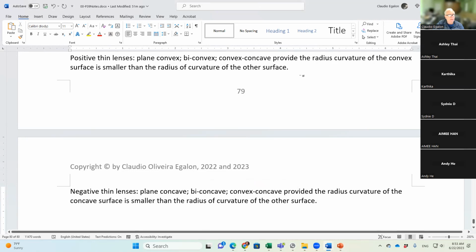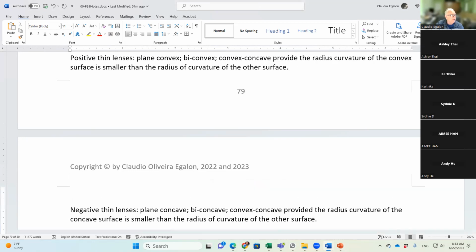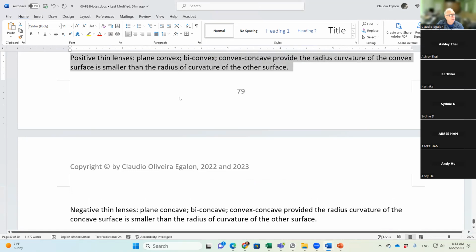Okay. So two types of lens we are sticking to. Let's talk about positive thin lenses first, right?